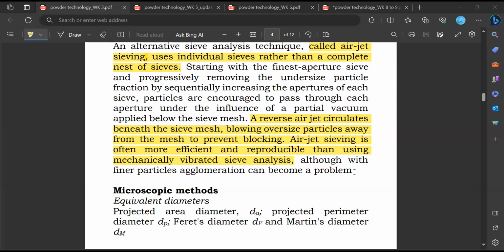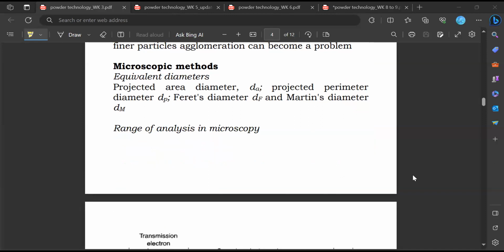It's more efficient and reproducible, because once the mesh is blocked, even the smaller particles will not be able to go through. So air jet sieving separates out all the particles.